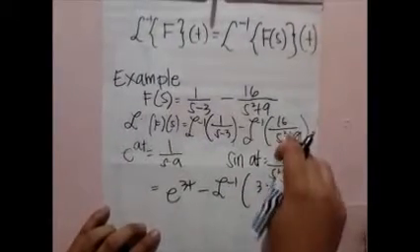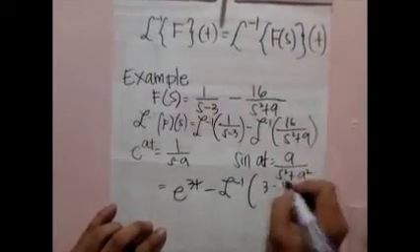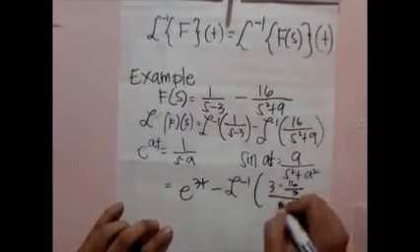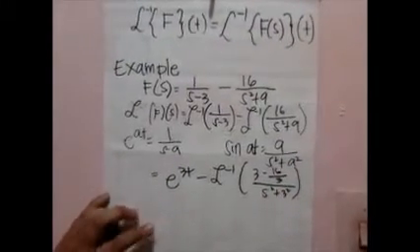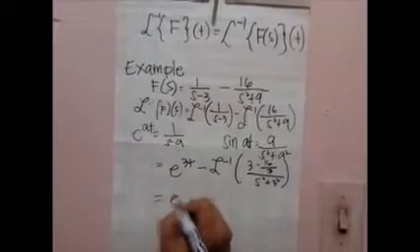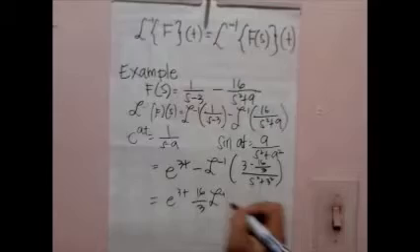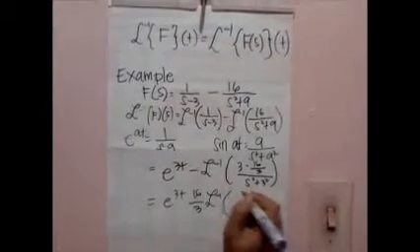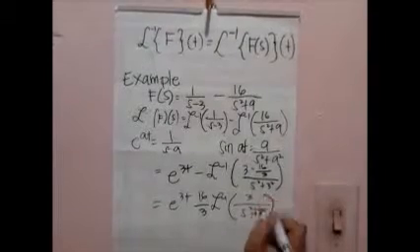This term can be extracted into this. And we can now pull out 16 over 3 here, which becomes 3 over s squared plus 3 squared.